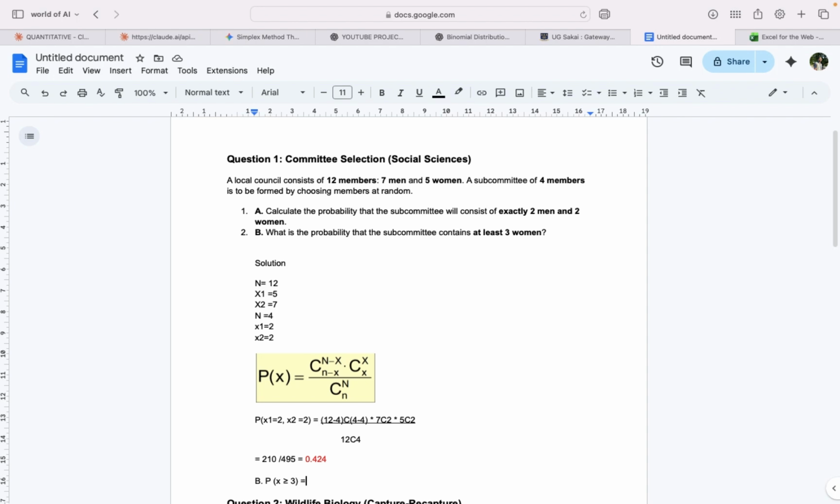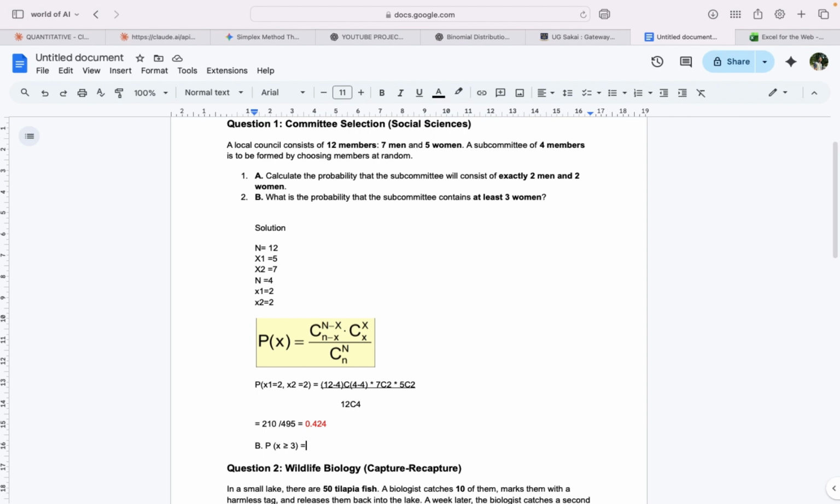And we can't find a probability for each one. Therefore, we have to find the probability that there will be 0, there will be 1, there will be 2, and then we subtract it from 1. And then we get the probability that at least 3 of them are women, right?